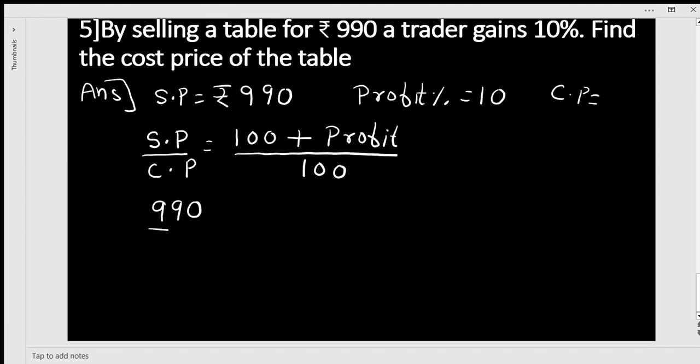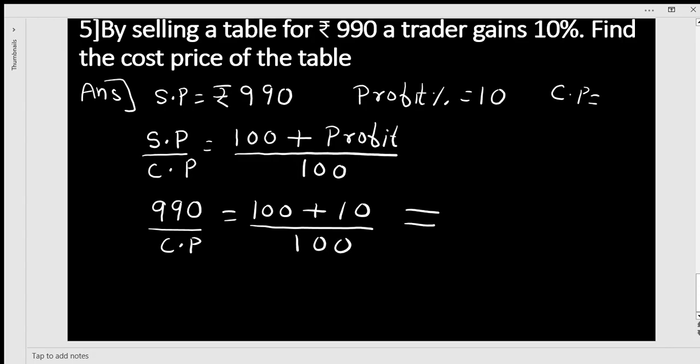Cost price is to be found, correct students? Is equal to 100 plus 10 upon 100. That implies 990 upon cost price is equal to 110 upon 100.